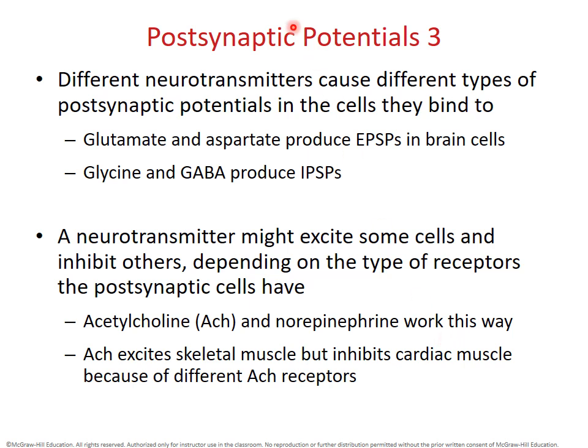So again, this is all review, things we've said before. Different neurotransmitters can have different effects on different cells. The same neurotransmitter can have different effects on different cells. And again, it ultimately depends on what kind of receptors you have for those neurotransmitters.